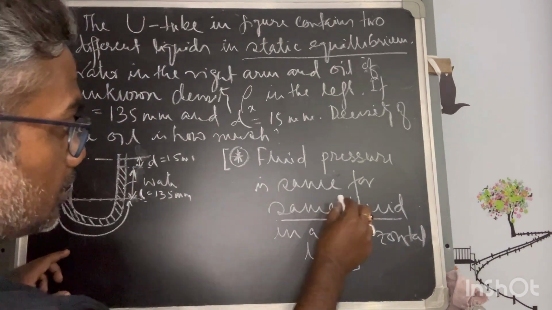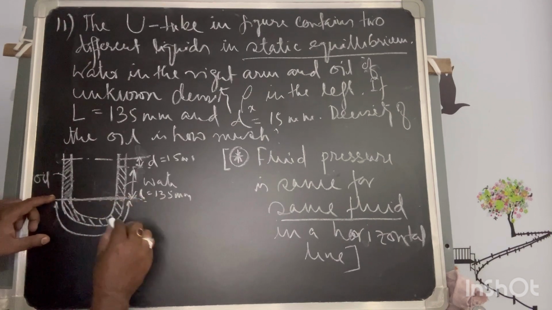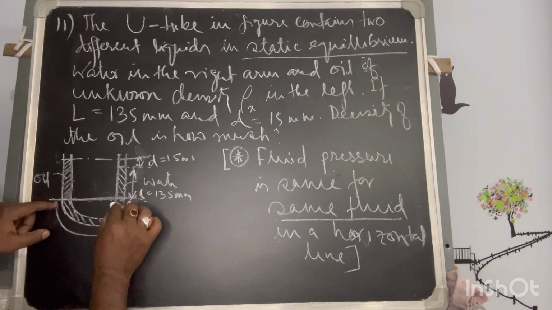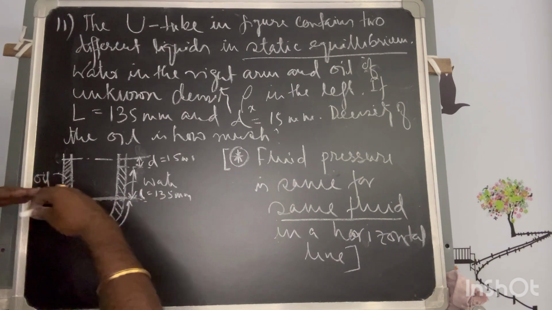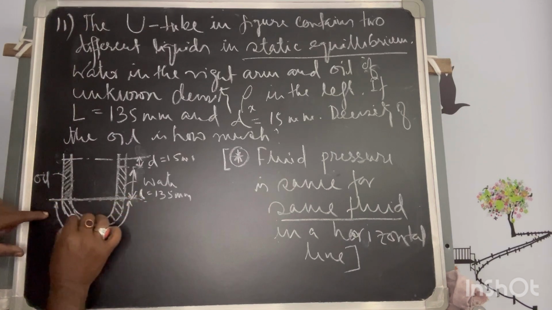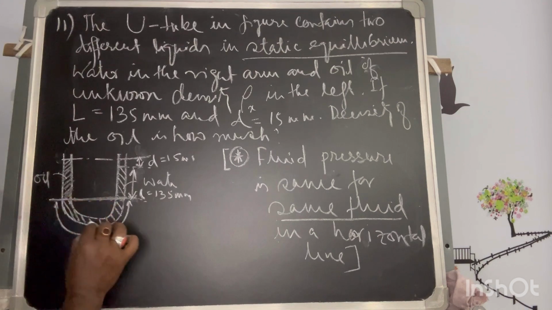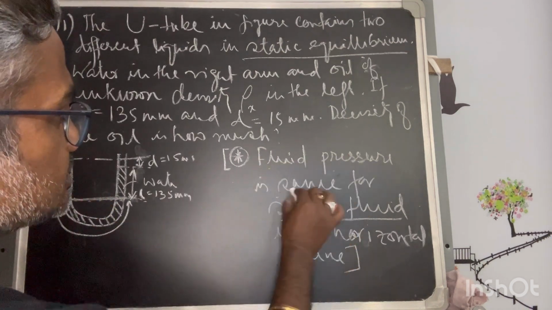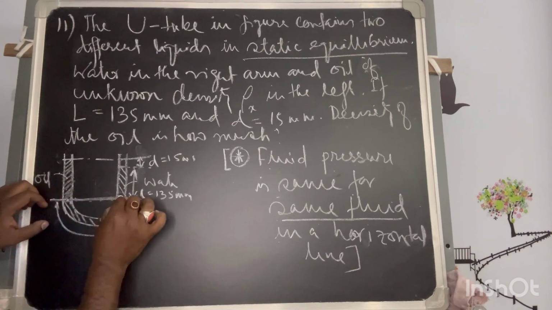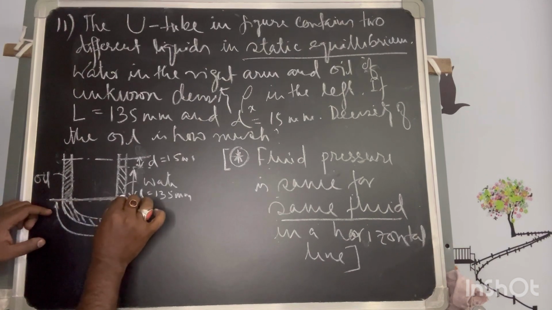Now the same fluid exists in this horizontal line. If I divide the whole thing with this horizontal line, this part only contains the same fluid. So if it contains the same fluid, the fluid pressure is same, in that horizontal line. If I consider this horizontal line, it is cutting these two arms at these 2 points.